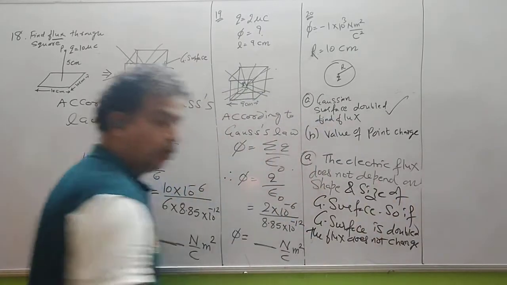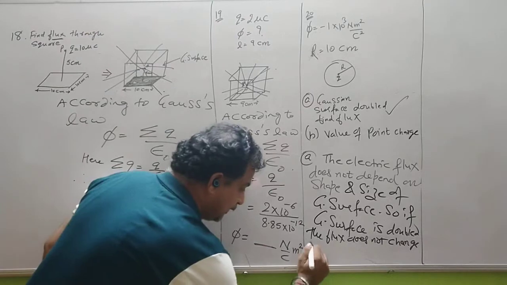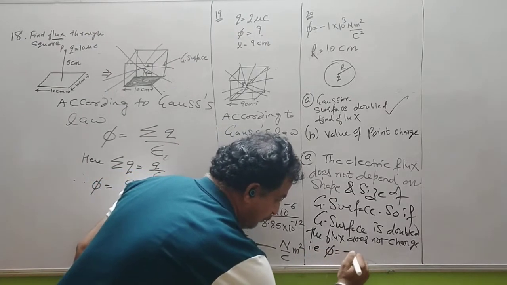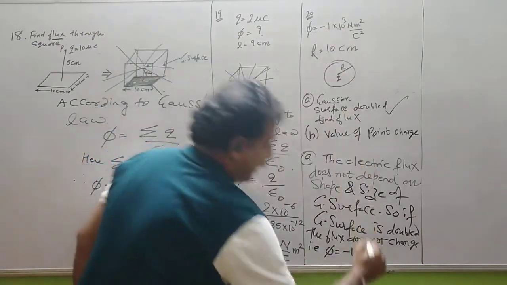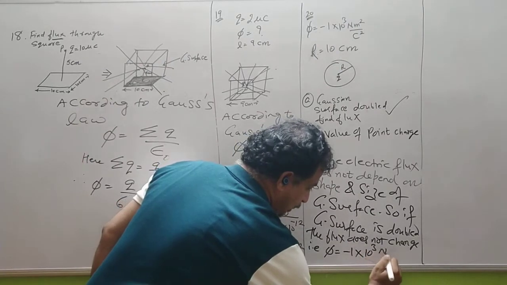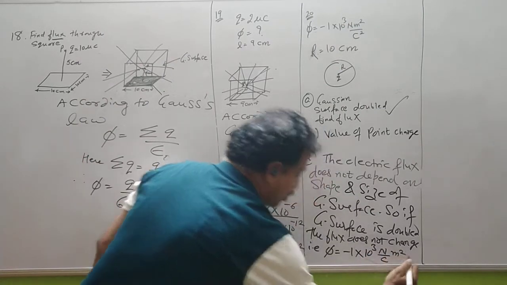That is, the flux will remain the same, minus 1 into 10 raised to 3 Newton meter square per Coulomb.